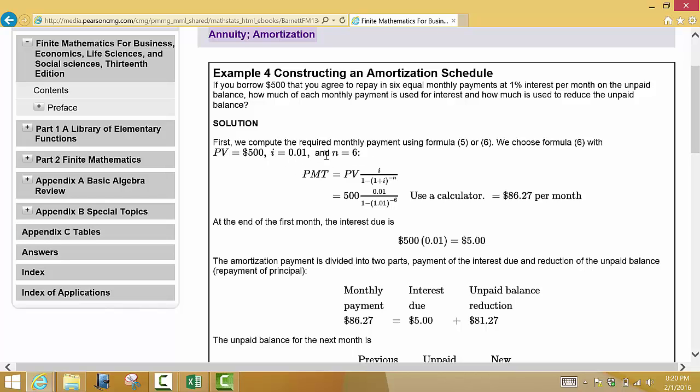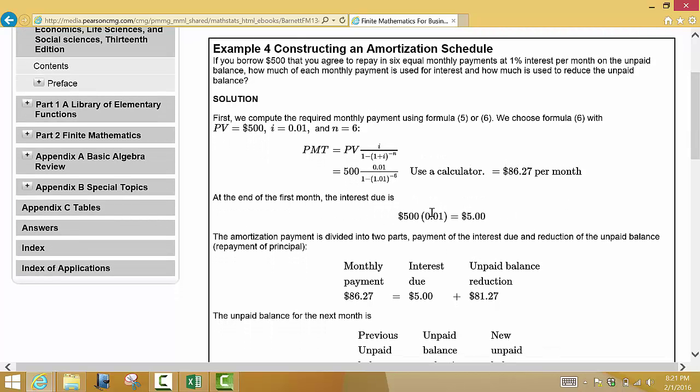And we're doing it in 6 monthly payments, so we have 6 periods. So we'll use the formula for present value and solve for the payment. Our payment equals present value times I, divided by 1 minus (1 plus I) raised to the -6 power. So it's $500, and we use a calculator, and that gives us $86.27 per month.